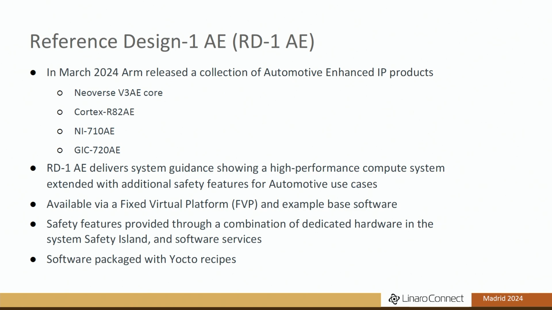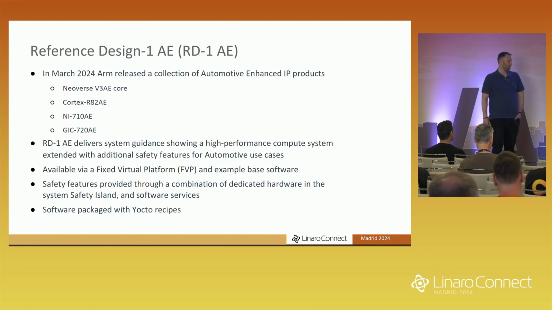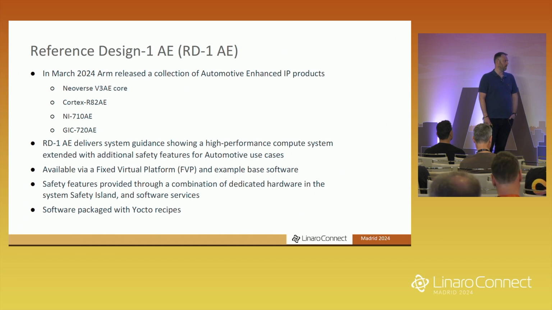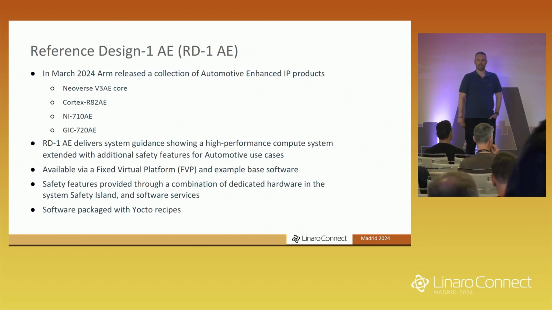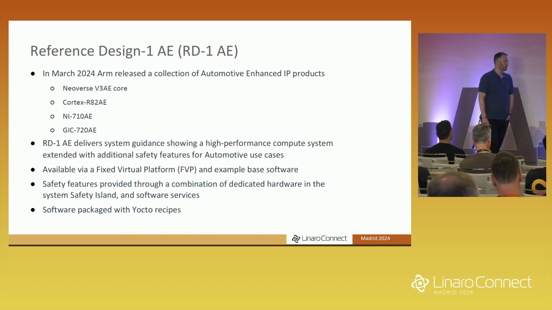So, as Suraj mentioned earlier this morning, in March this year, Arm released a series of new AE IP products, including the Neoverse V3AE core. We've also got the Cortex R82AE and a new interconnect and GIC, both suitable and qualified for AE use.